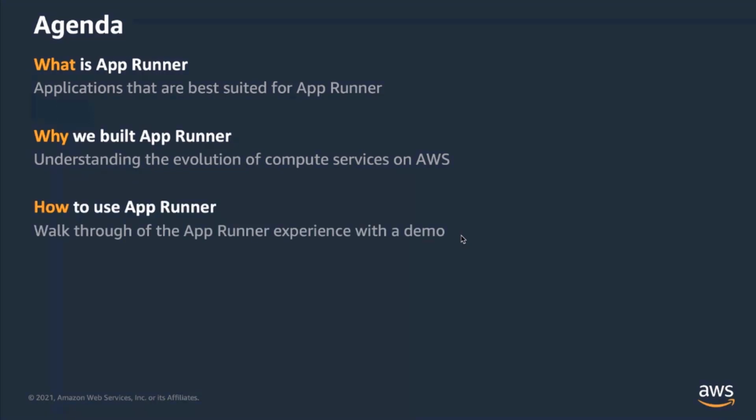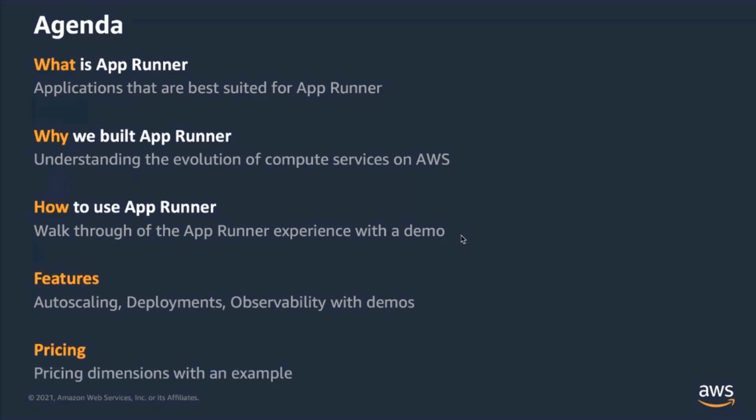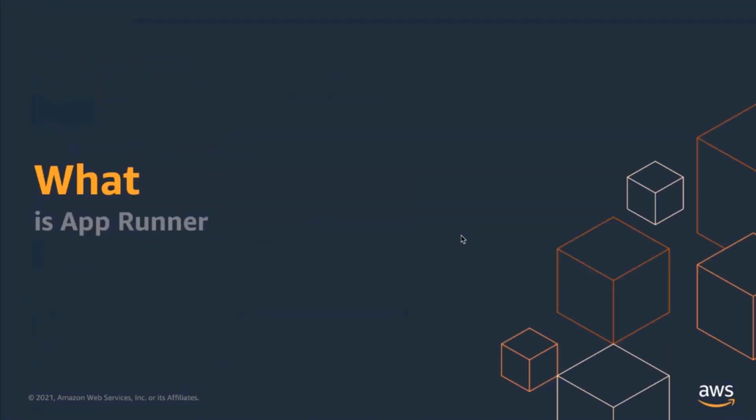And then we'll actually walk through the experience of building an application on App Runner with the demo. And then we'll deep dive into some of the key differentiating features of App Runner. And finally, we'll close with a discussion on how pricing works with App Runner. So let's get started.